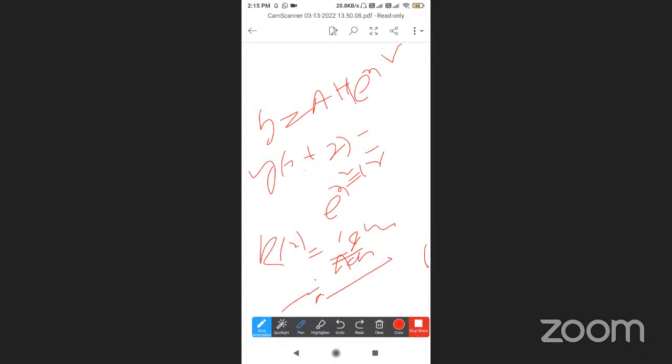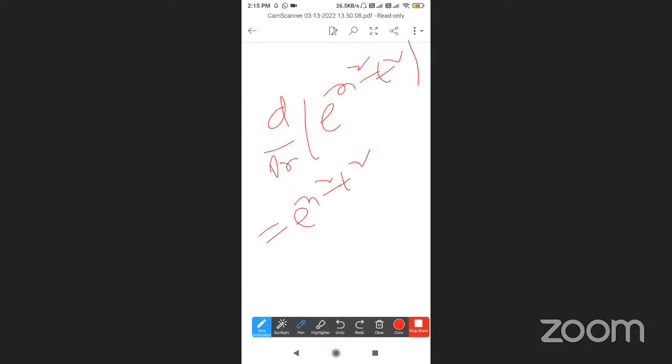So what is d/dx of e^(x² − t²)? The differentiation gives 2x, and we simplify it.